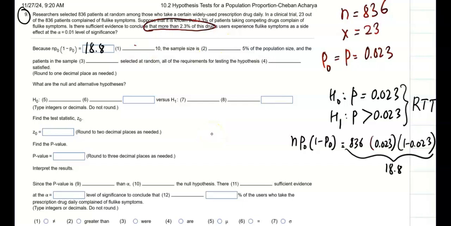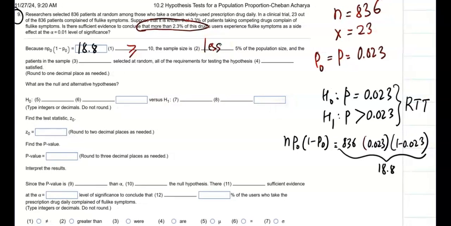So this is greater than 10, and the sample size is less than 5% of the population size. There is another criterion, n has to be less than 5% of uppercase N. So this is another criterion that must be satisfied to test the hypothesis for a population proportion. It was not mentioned before, but now it is mentioned here, so you have to write it down.